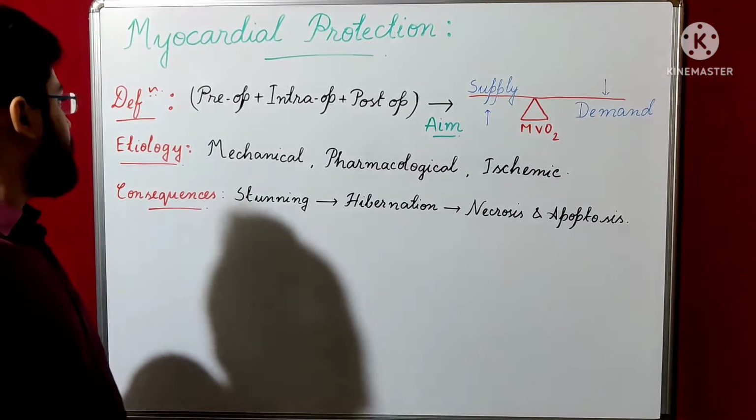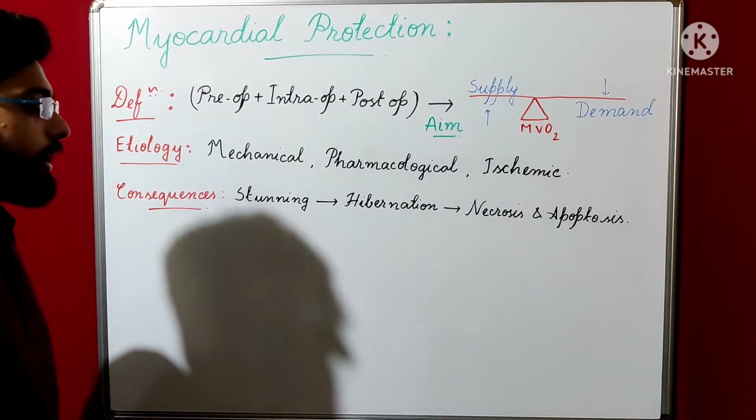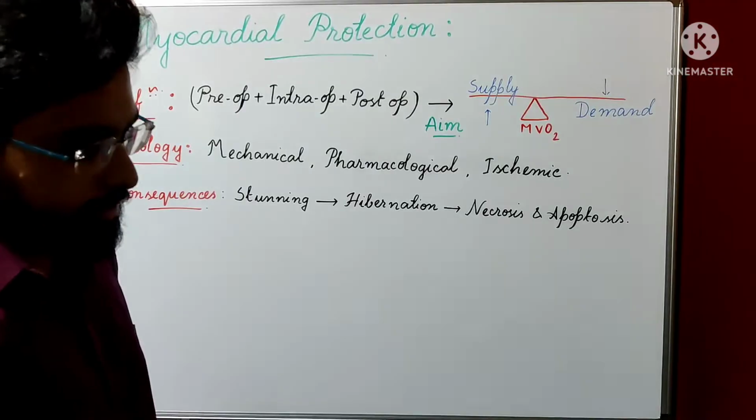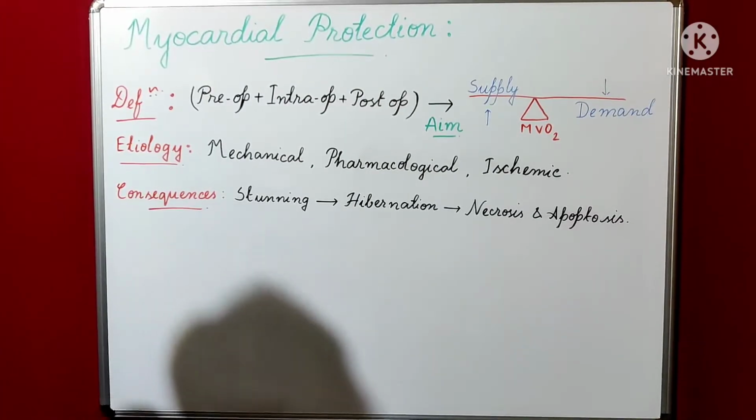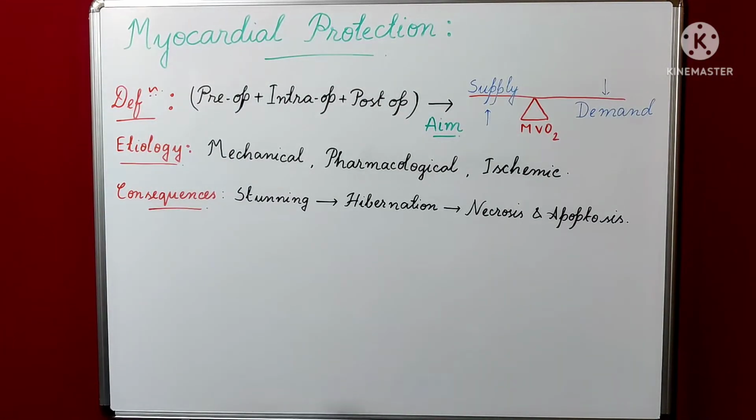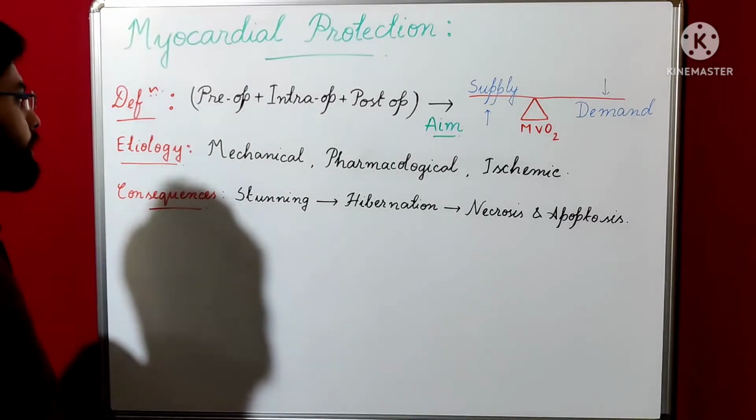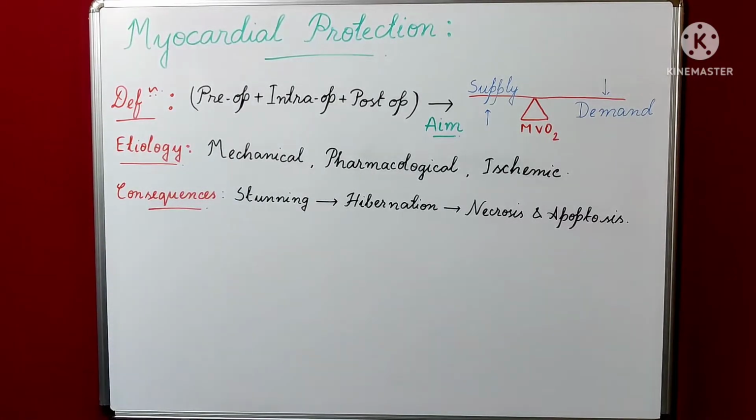Now next is the etiology. We have discussed it elaborately in the previous session, so I am not going to elaborate it. Just for a recap, myocardial injury can be of three types.